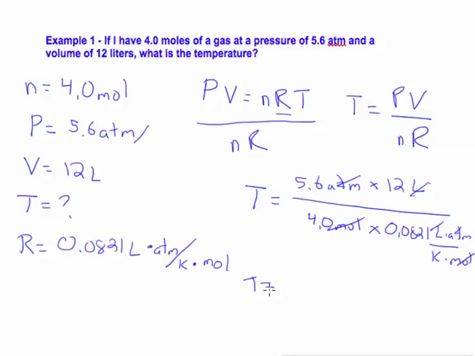And our calculator gives us 204.629. And if we think about significant figures, we have 2, 2, 2, and 3. So when we round our answer to have 2 significant figures, we have to put it into scientific notation, and to get 2.0 times 10 to the second Kelvin.